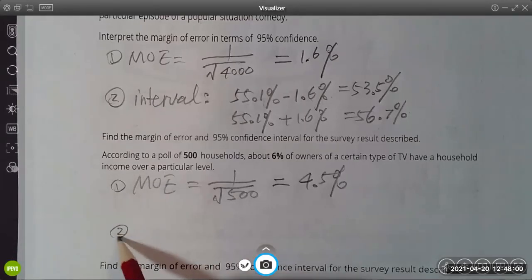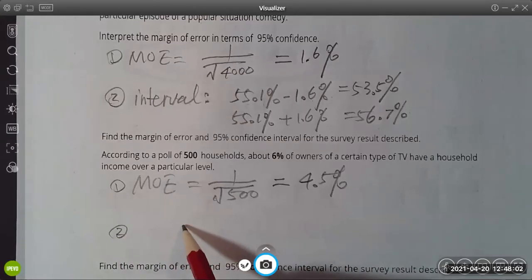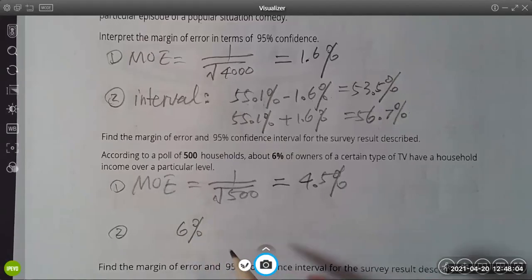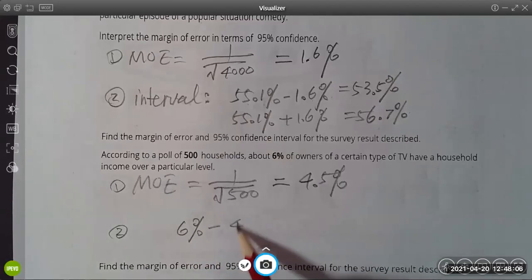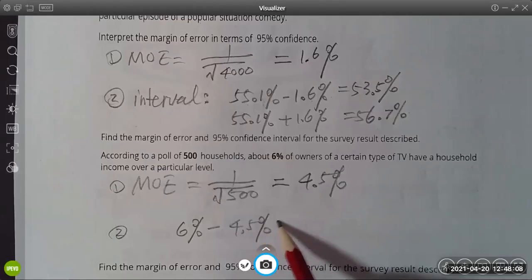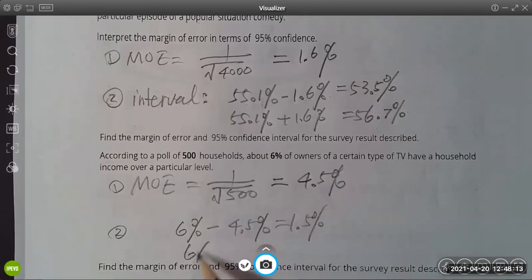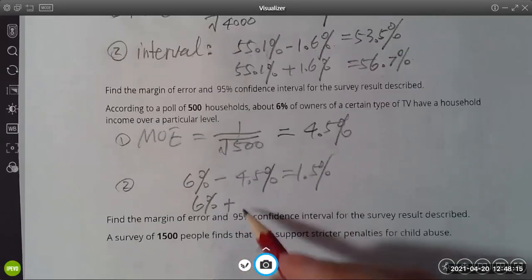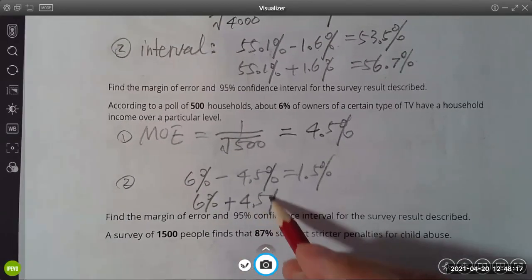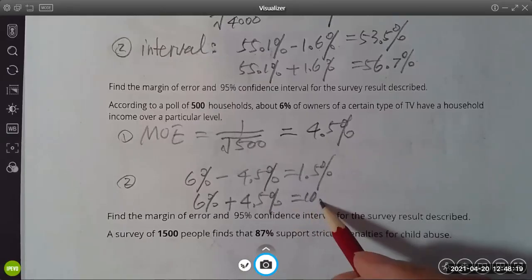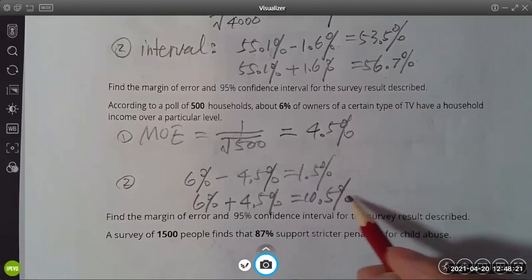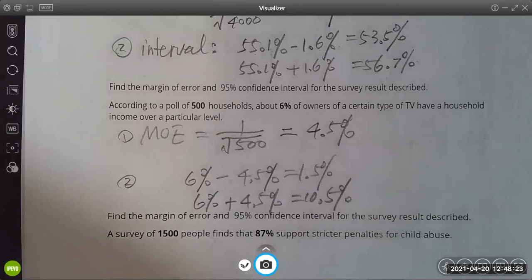Now the interval: use the statistic, which is 6% minus 4.5%, and that's 1.5% lower bound. 6% plus 4.5% is 10.5%. Now we finish that. We don't need to interpret the margin of error.